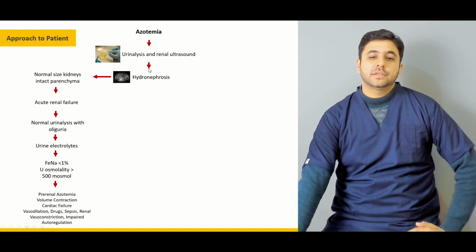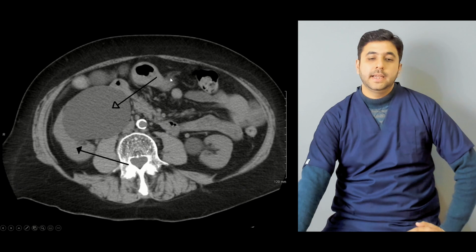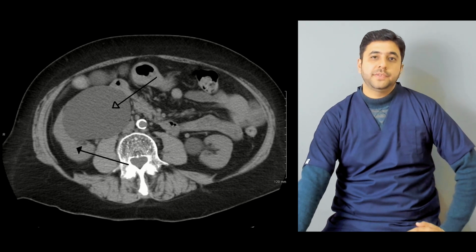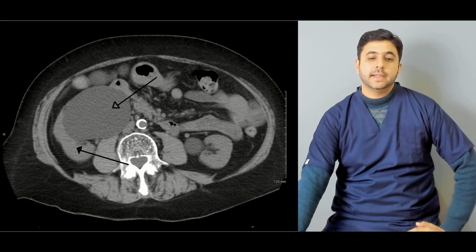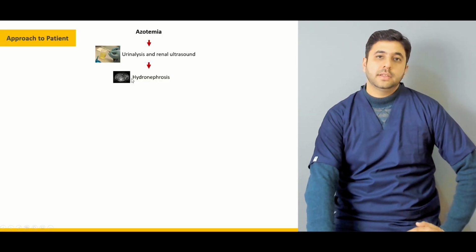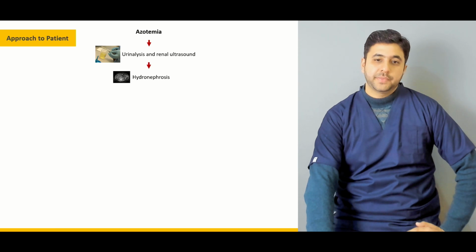If on renal ultrasound you find the kidneys are slightly dilated, then you can proceed and do a CT scan. If you see enlargement of the kidney on the CT scan, that can be hydronephrosis. And if the picture fits completely with hydronephrosis, you can then define the patient as a case of hydronephrosis, or post-renal azotemia.